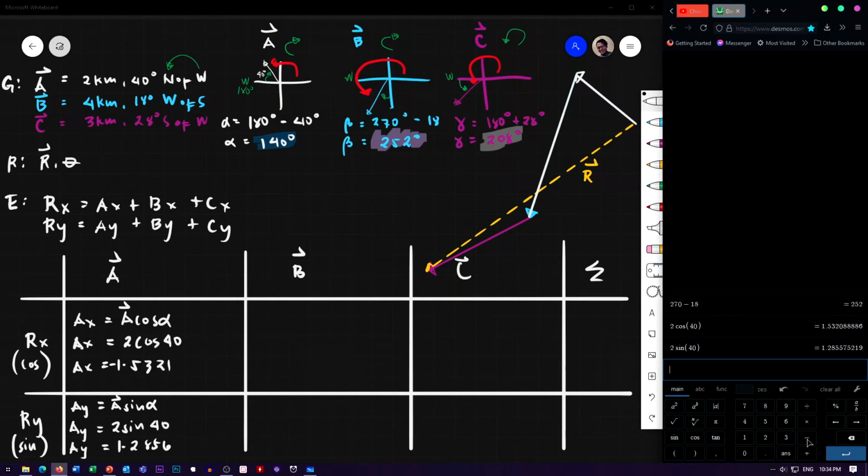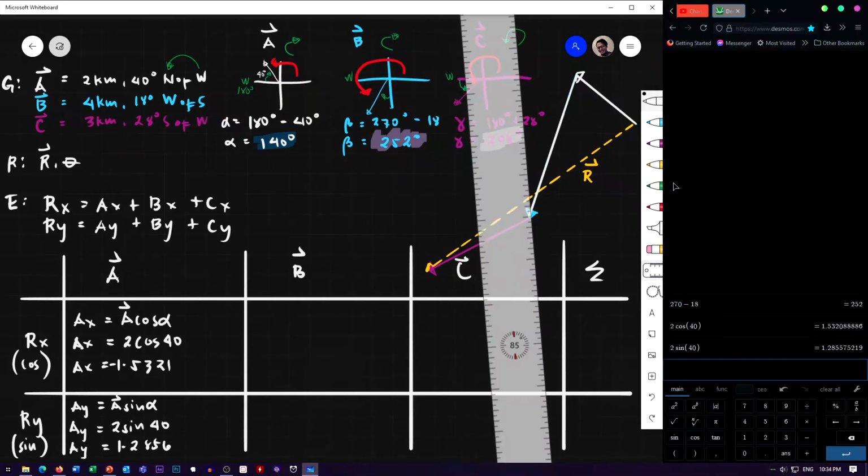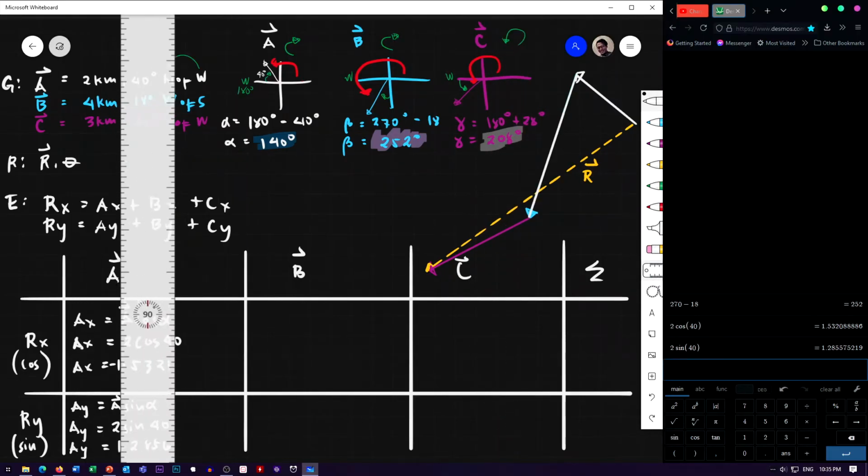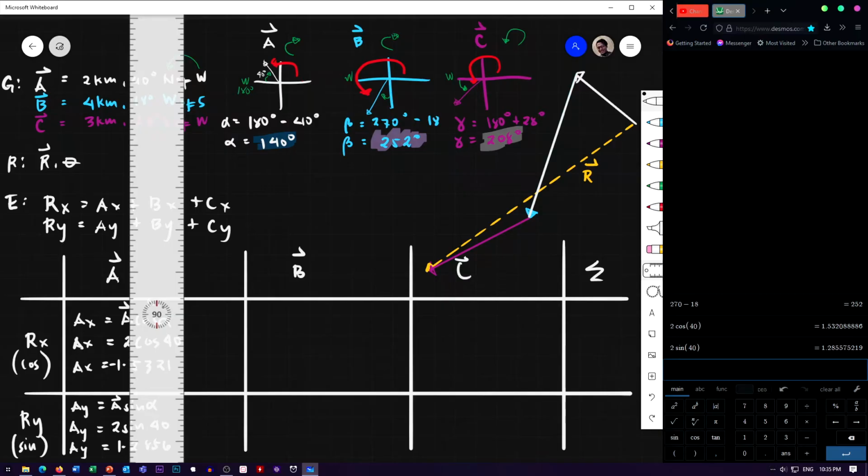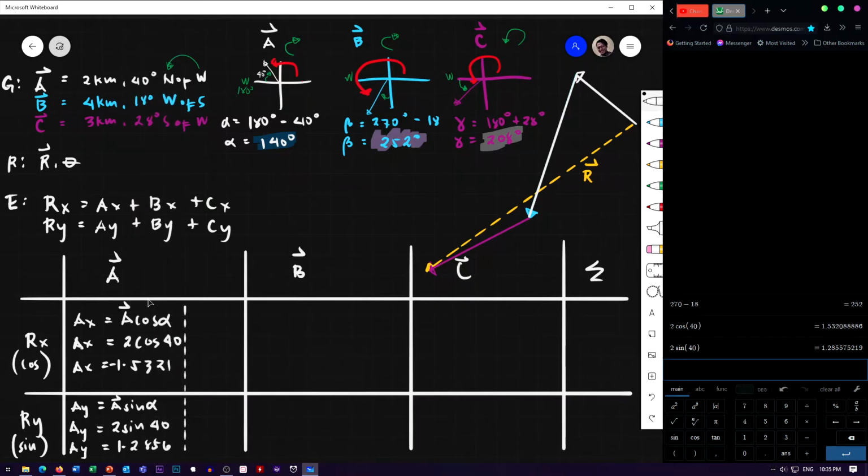So sir, how about if we're going to use the other way? Okay, so I'm gonna try to do that. Let's see if we can fit it here. I'm just gonna show you, okay? Because personally, I prefer using this other one.